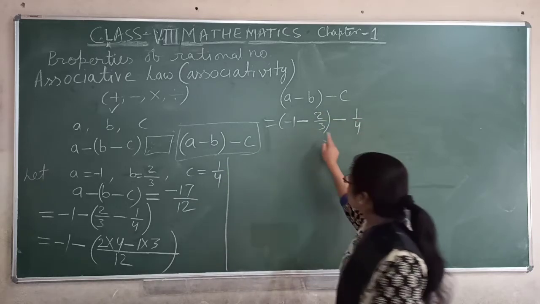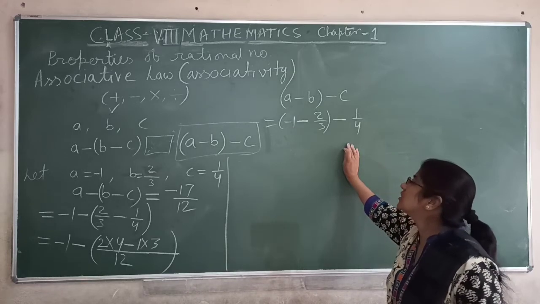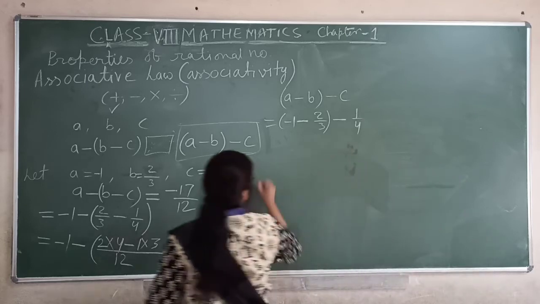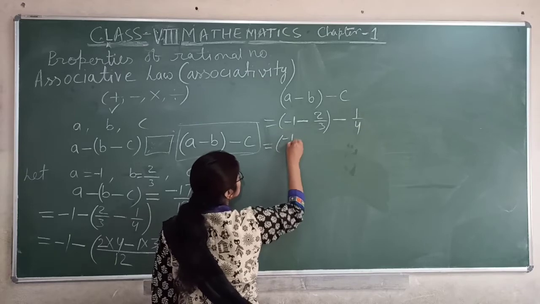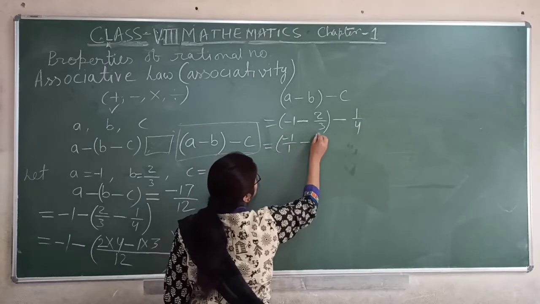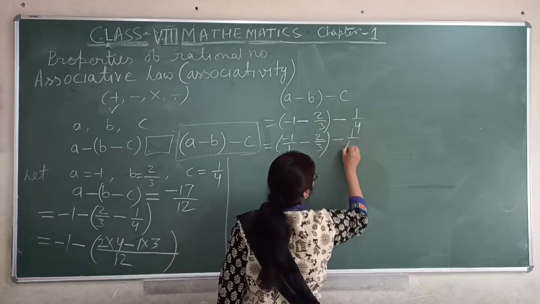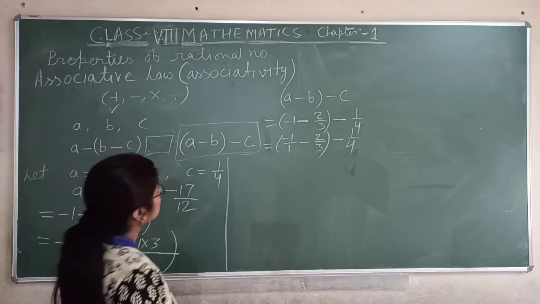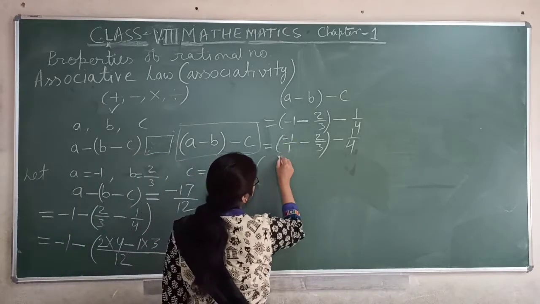So within bracket these two rational numbers we have. First we will calculate these two. So we can write minus 1 upon 1, minus 2 by 3, bracket close, minus 1 by 4. Then first we solve this portion.